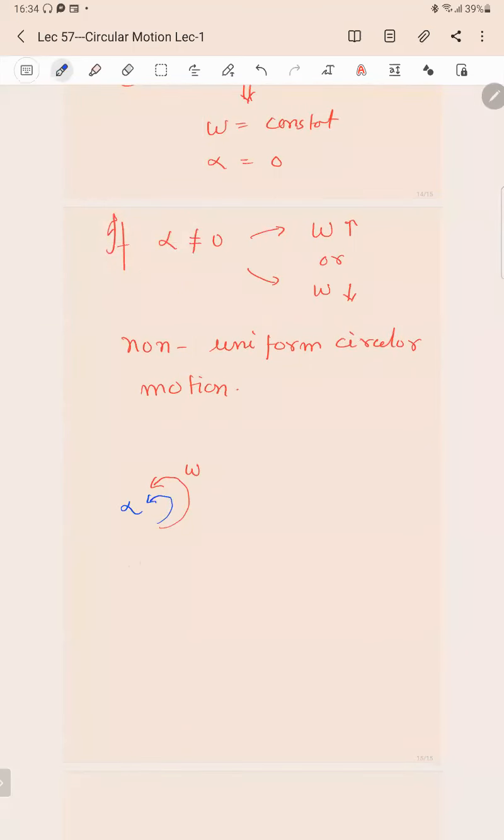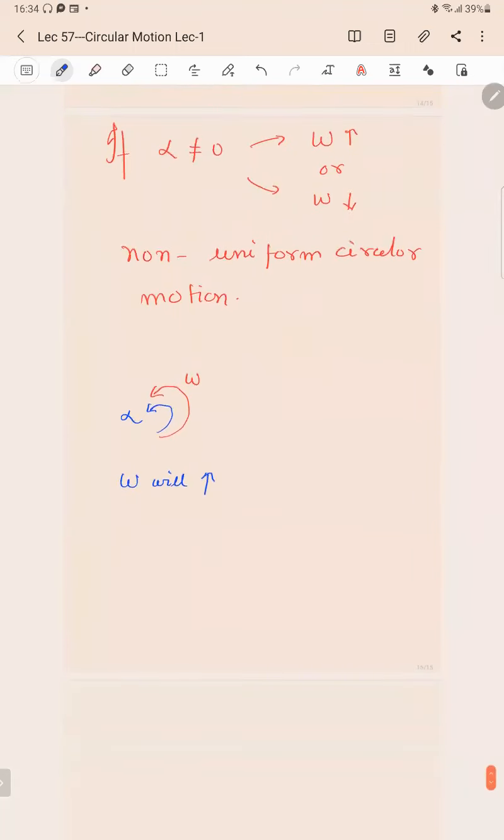In this case, omega will increase because angle between alpha and omega is, can you tell me Arya, what is the angle between them? So 0 degrees.